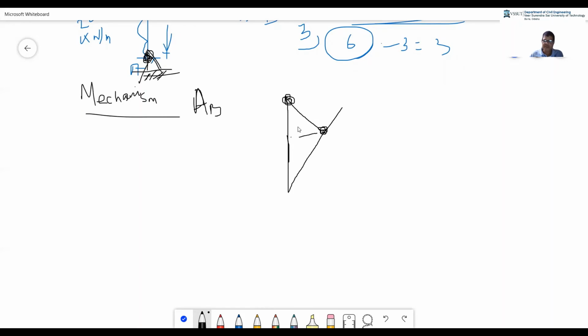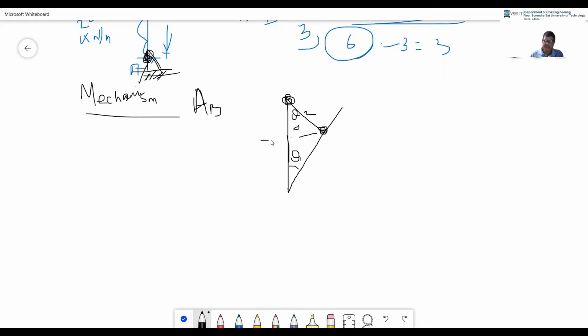So this is now delta. Let this value be theta 1 and this value be theta 2. We don't know where it will happen. This is fixed, so it is like a cantilever, a propped cantilever. It will behave like a propped cantilever.